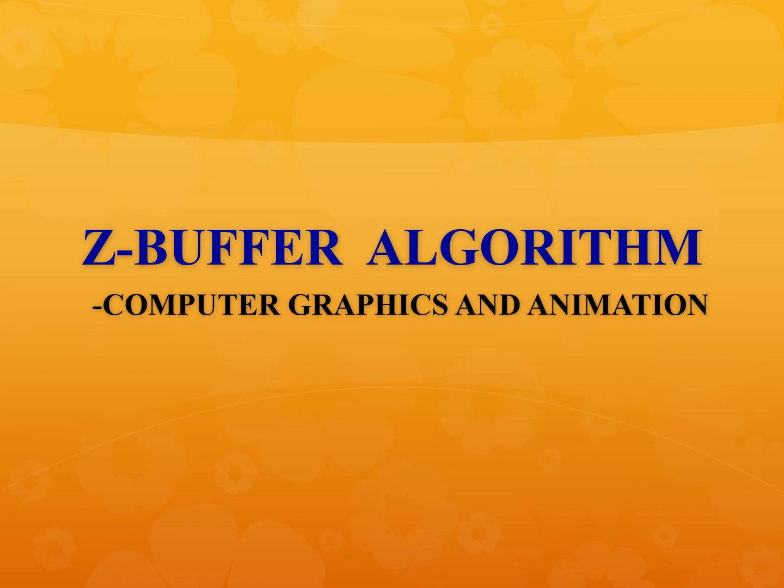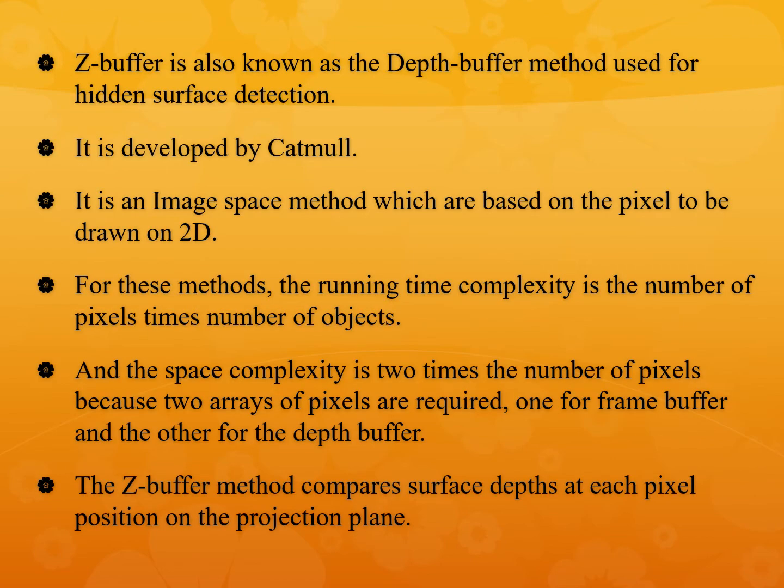Hello everyone. In this lecture, we are going to learn the Z-buffer algorithm, which is an image space method, also called the depth buffer method for visible surface detection. Z-buffer is also known as the depth buffer method used for hidden surface detection and was developed by Catmull.